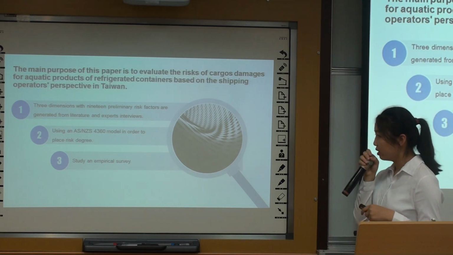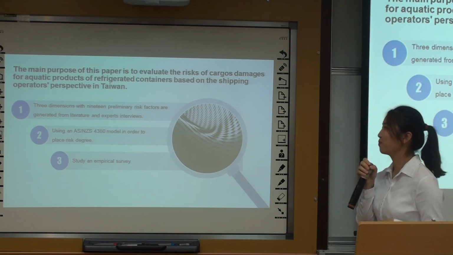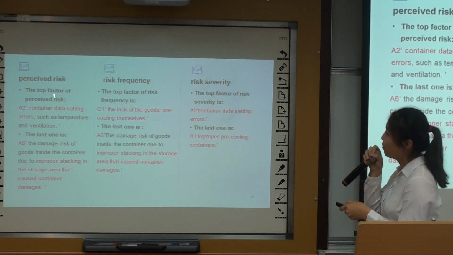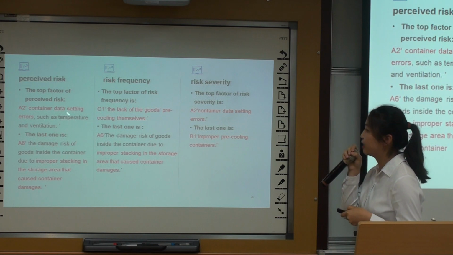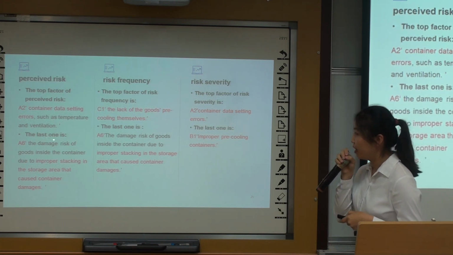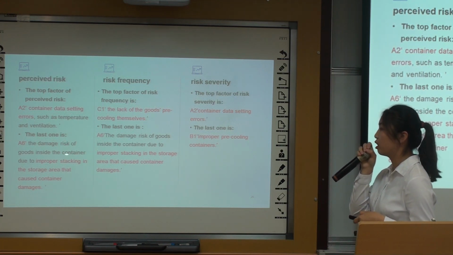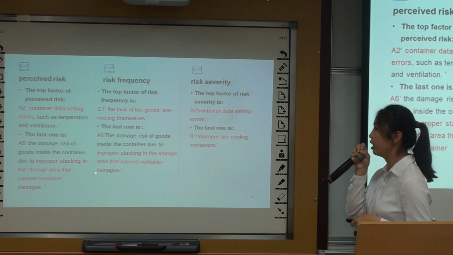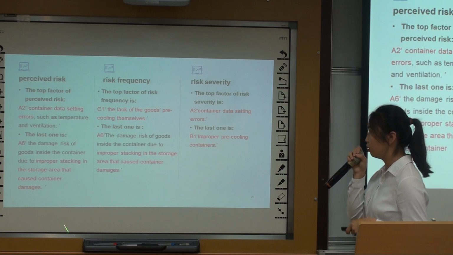And then we conducted an empirical survey. The results show that the top factor of perceived risk is A2, container data setting error, such as temperature and ventilation. The last one is A6, the damage risk of goods inside the container due to improper stacking in the storage area that caused container damages.